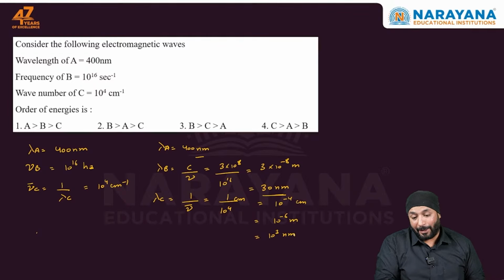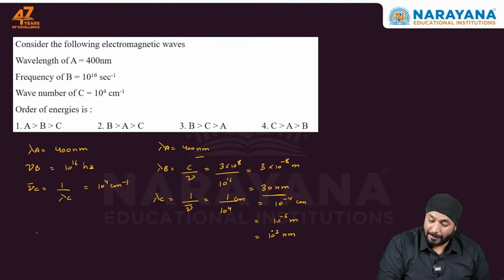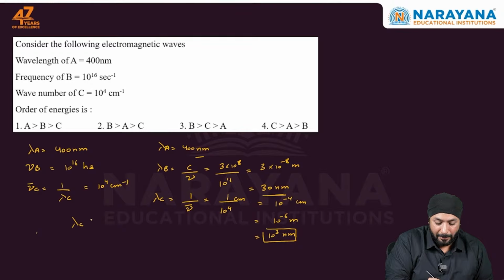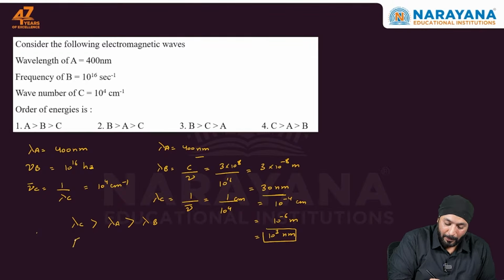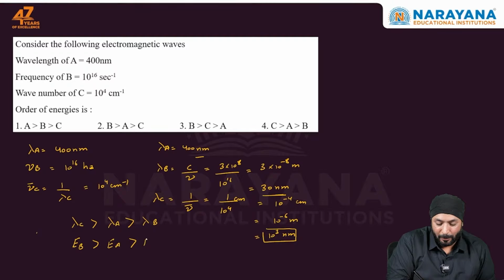So if we compare, the wavelength of C is much larger than the wavelength of A. The wavelength of A is more than the wavelength of B. So the energy order will be: energy of B is more than energy of A, and energy of A is more than energy of C. So the answer should be BAC.